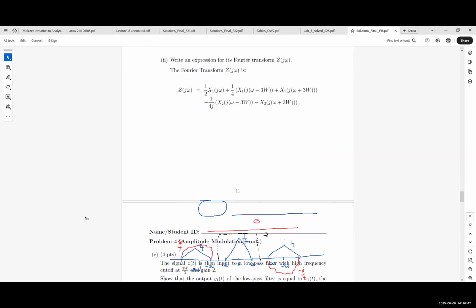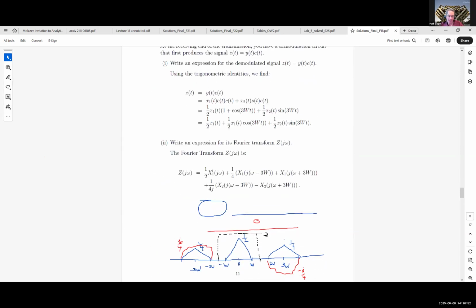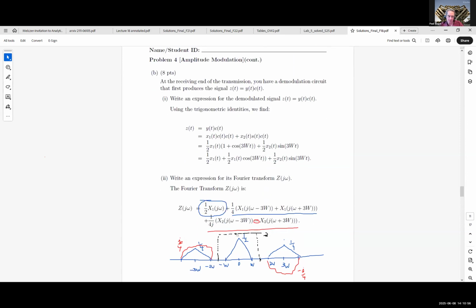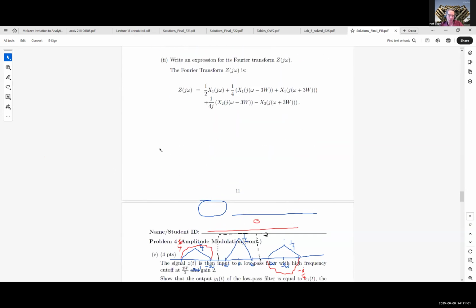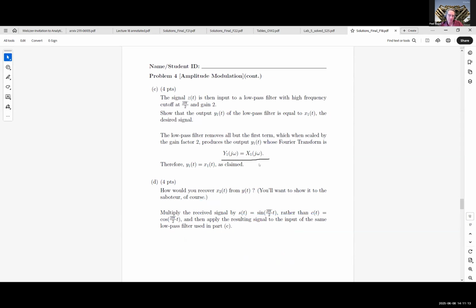It was 2. So it's going to exactly compensate for the factor of 1/2. And so the conclusion is that at the end, you get exactly x1 of j omega. Then it asks, how would you recover x2 from y of t?